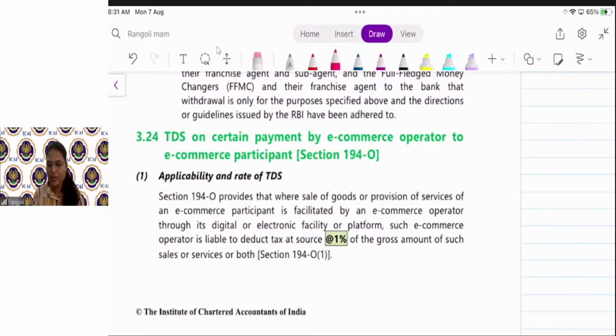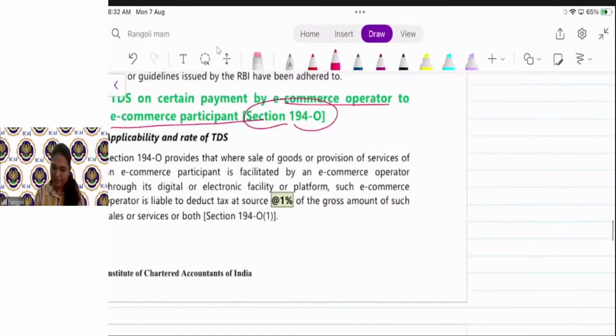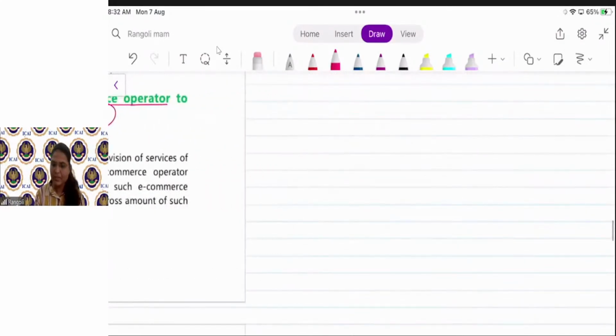Next is TDS on certain payment by e-commerce operator to e-commerce participants. That is section 194O. See here, I'll explain with a simple example. That is Amazon and customer.